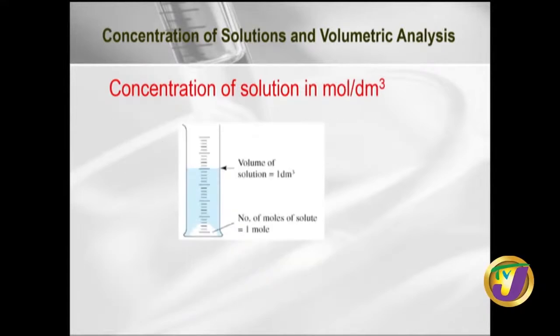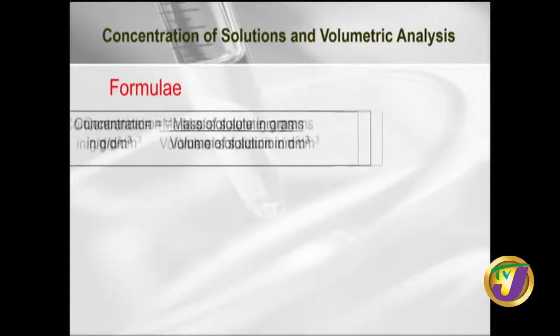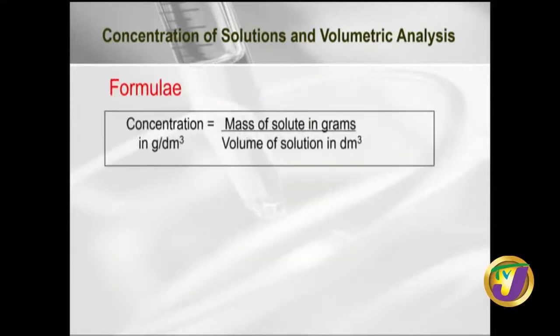All right. So again, we know that our concentration can be written as mass concentration or mole concentration. Mass is grams, so it will be gram per dm cube, and our molar solution will be mole per dm cube. Remember that the amount of mass that is dissolved in our volume gives us concentration.